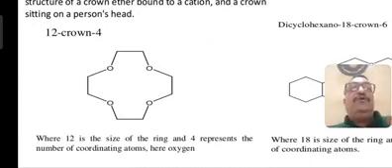Now you can count 1 carbon, second carbon, oxygen third, 4, 5, 6, 7, 8, 9, 10, 11, 12. And 4, what does that 4 indicate?